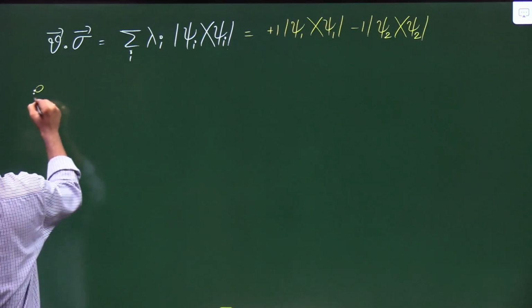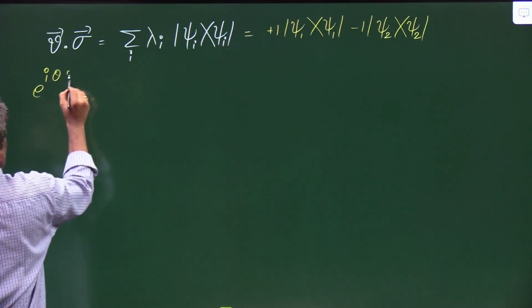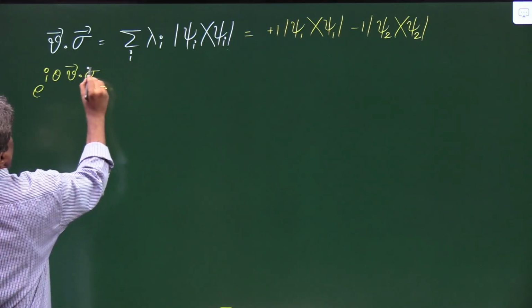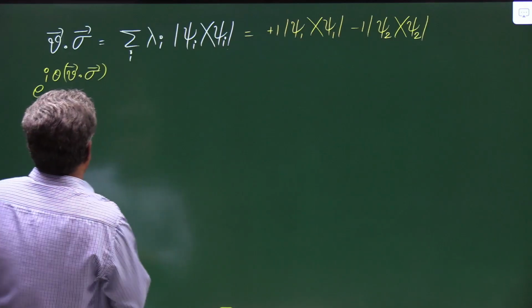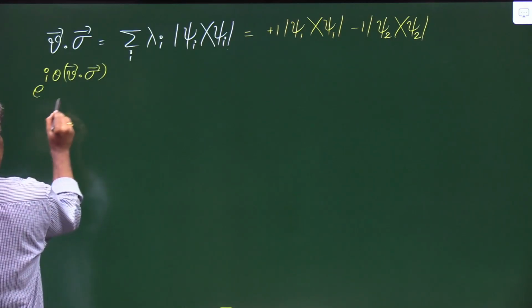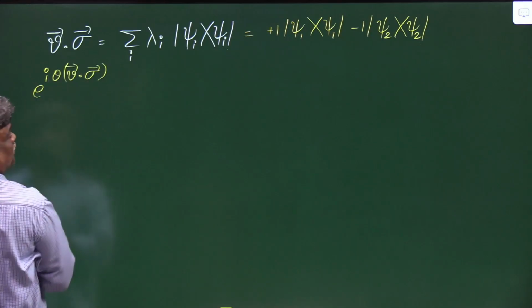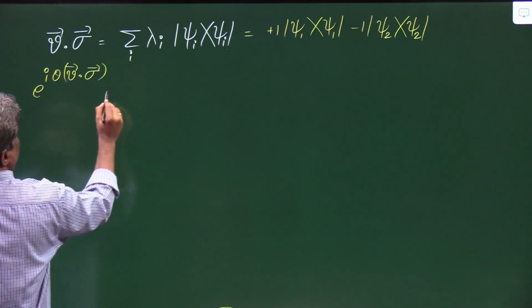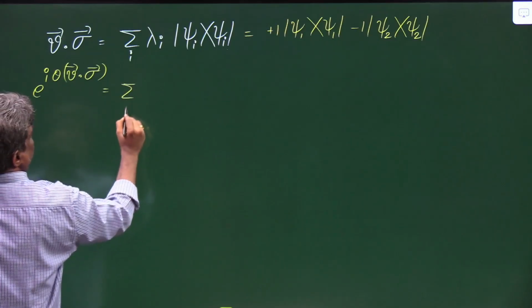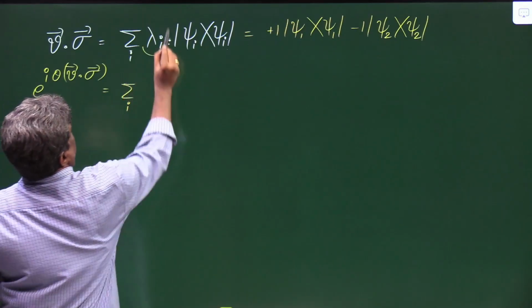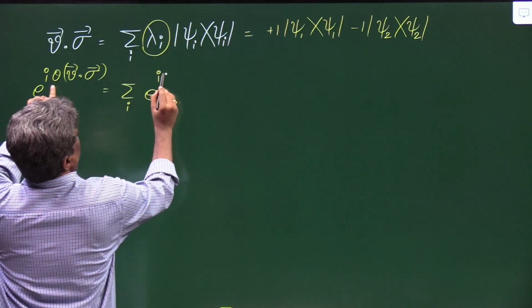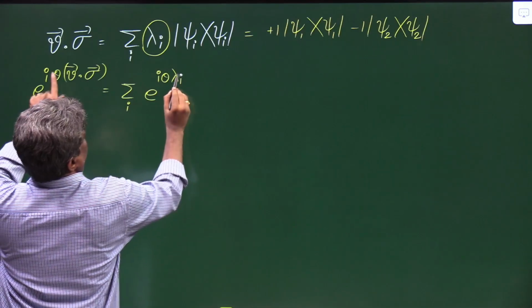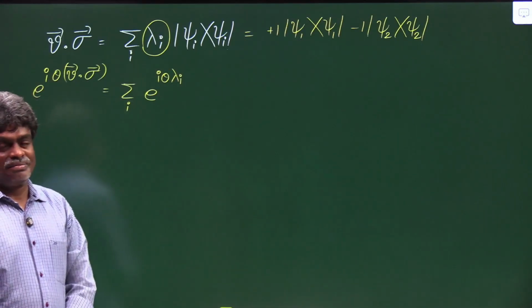Now I want this e raised to iota theta V bar dot sigma. For this, I have to find the eigenvalues of this, or we can write it directly if you understand already. Here it is lambda i, and here it is e raised to iota theta lambda i. That's it.